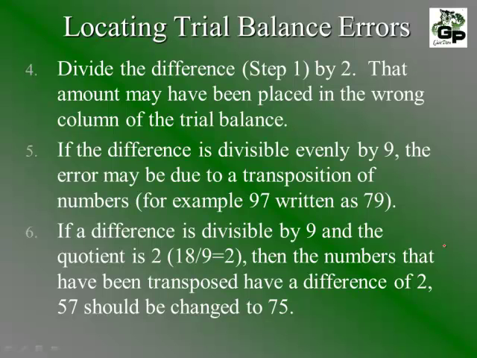So it could be 57 should have been 75, 46 could have been 64, but you would not have a difference of more than 2. So 37 and 73 would not be the difference for this type of example.